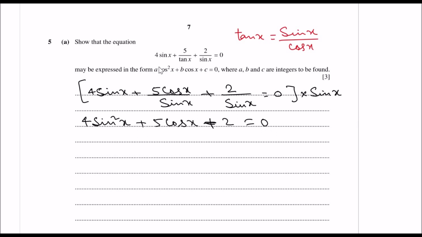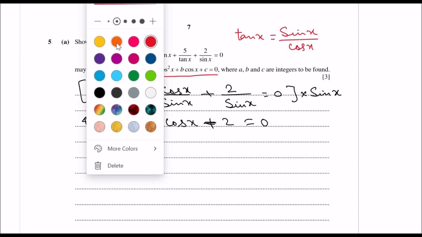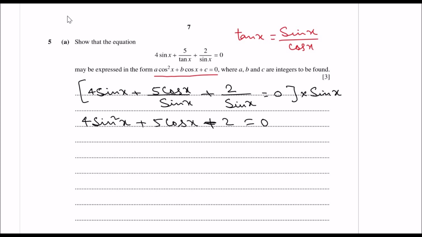Now we want our answer in just the form of cos. We will get a quadratic. That means sin square x we need to change. So as we know that sin square x plus cos square x equal to 1, from that we can write sin square x equal to 1 minus cos square x, right?